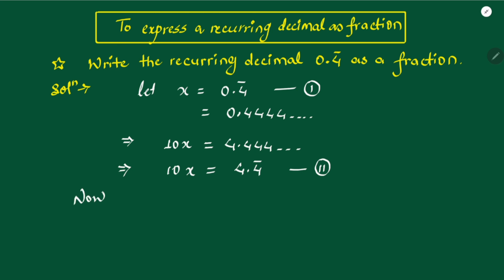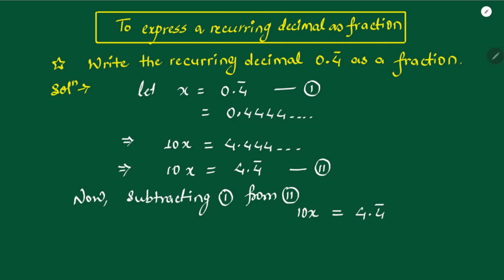Now, subtracting equation 1 from equation 2. Equation 2 is 10x equals 4.4 bar, and equation 1 is x equals 0.4 bar, and we need to subtract these two equations.